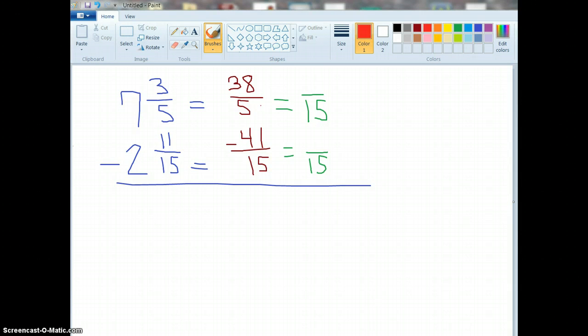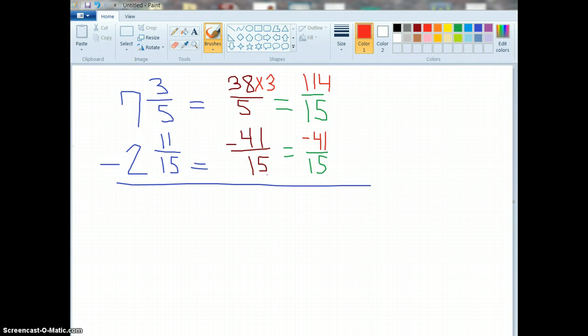Now the next step, we need to find each missing numerator. So 5 can go into 15 3 times. We multiply 38 also by that 3, giving us 114. And actually, the second numerator is not going to change. So we can bring the minus 41 over.